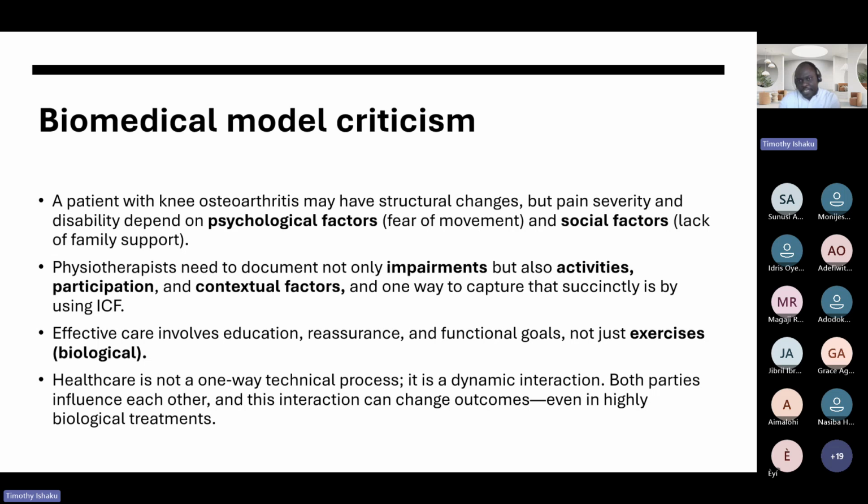And now leads us to our treatment, whereby effective care involves, and when you're planning your treatment, you are not only applying TENS to relieve the pain, you are not only doing strength training to increase the strength, but also you are involving education to inform the patient of the process, but also to reassure them, functional goals.